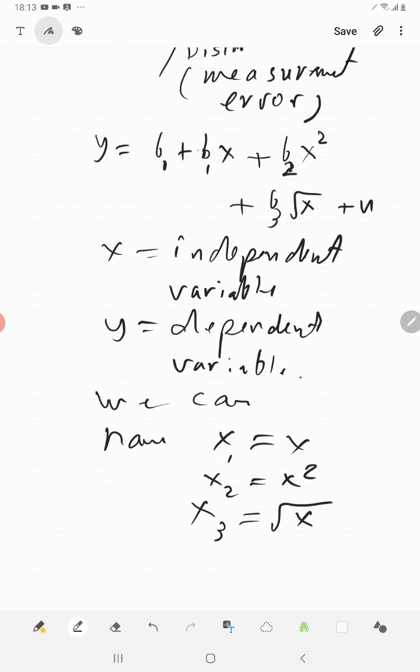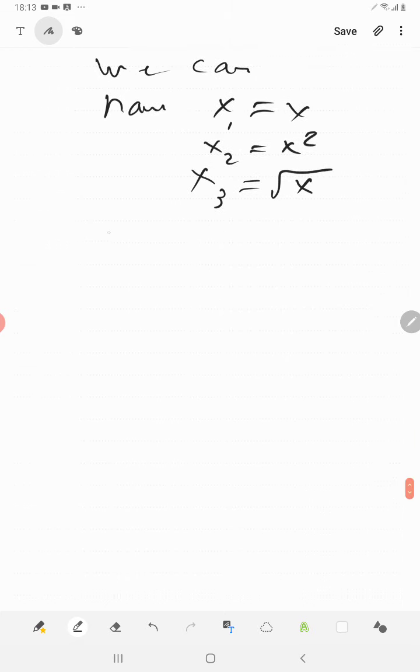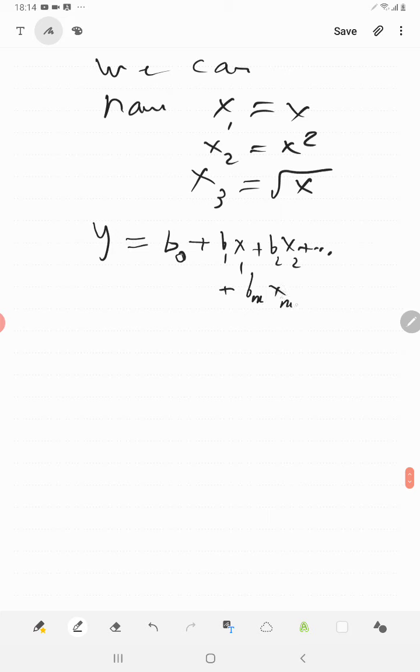And how do we find the b coefficients? Now, let's say that y equals b naught, which we call the intercept, plus b1 x1 plus b2 x2 plus bm xm plus disturbance u.